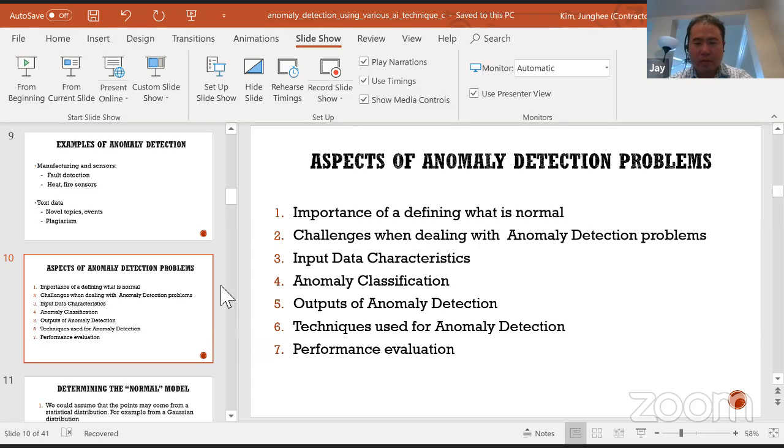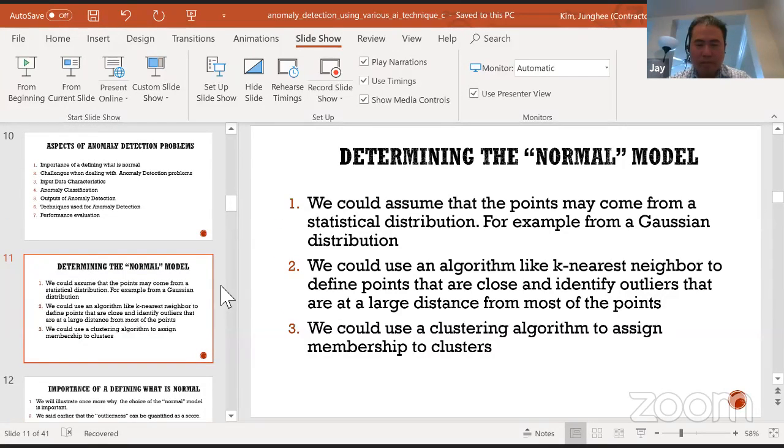The aspect of anomaly detection is very important for many different applications, right? The anomaly is the main thing we have to detect, and there are many ways to do that. I will talk about the techniques and what kind of aspects we need. Before we find the anomaly, we need to know what is the main signal and what is not the main signal, right?